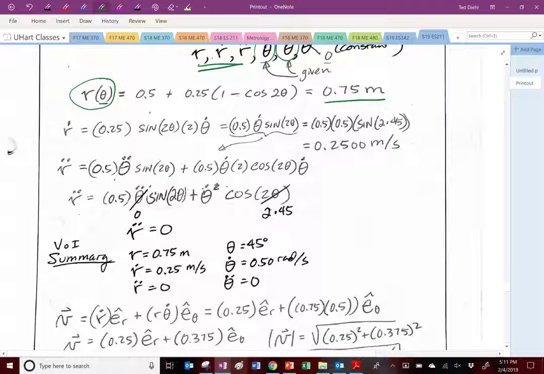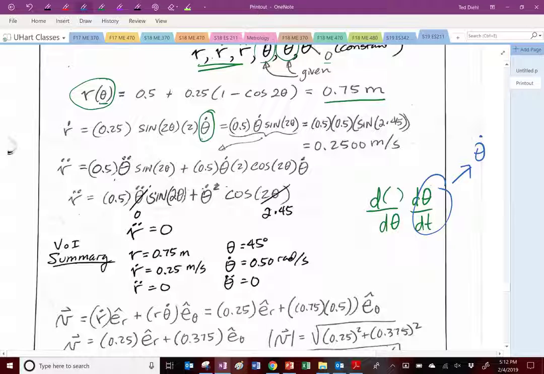In order to do that, because it's in terms of theta and not in terms of time, we need to take the derivative with respect to theta and then multiply it by theta dot. In essence, we're taking the derivative with respect to theta and then multiplying it by d theta dt, recognizing that this right here is theta dot.